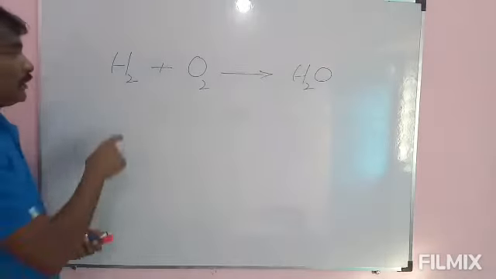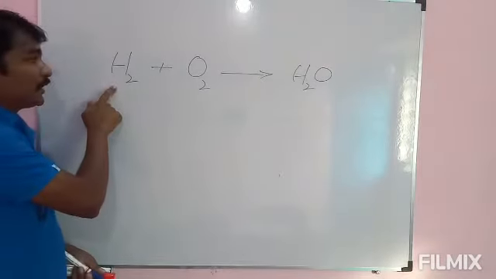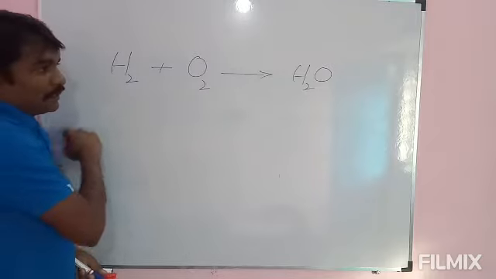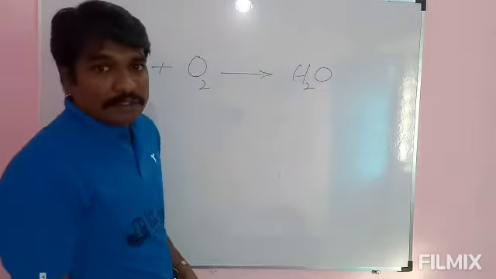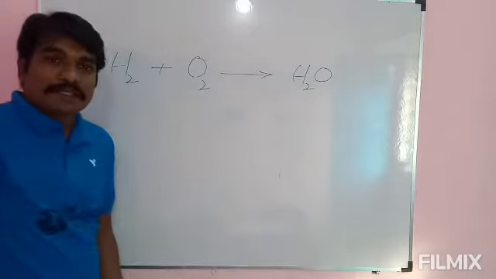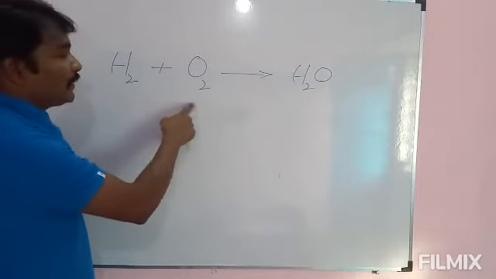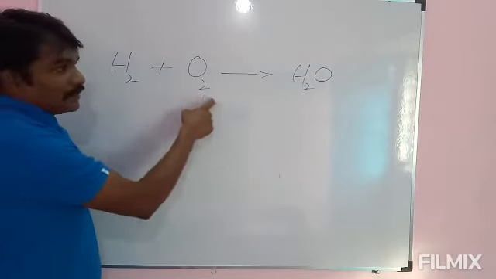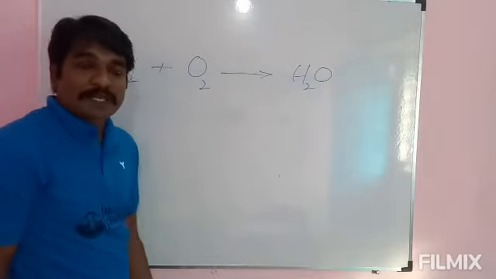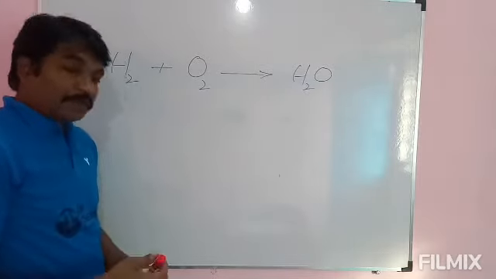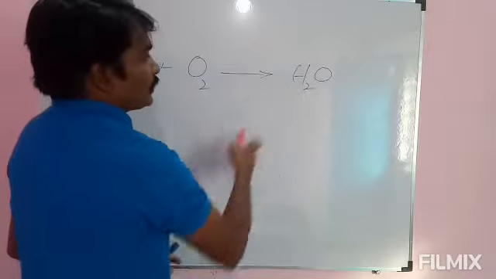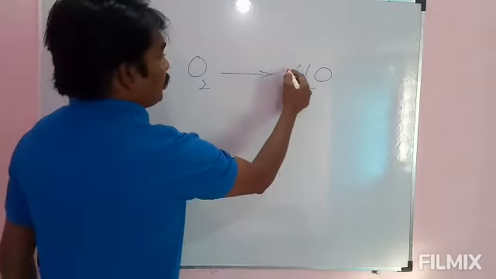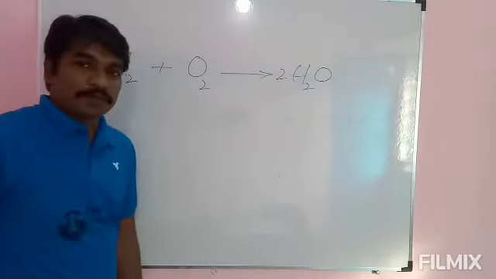See here, the number of hydrogen atoms on the reactant side is 2 and on the product side is 2. Hydrogen atoms are balanced here. And check the oxygen atoms. Oxygen atoms are 2 on the reactant side, 1 on the product side. Oxygen atoms are not balanced. To make it 2 on the product side, we have to write 2 in front of H2O.